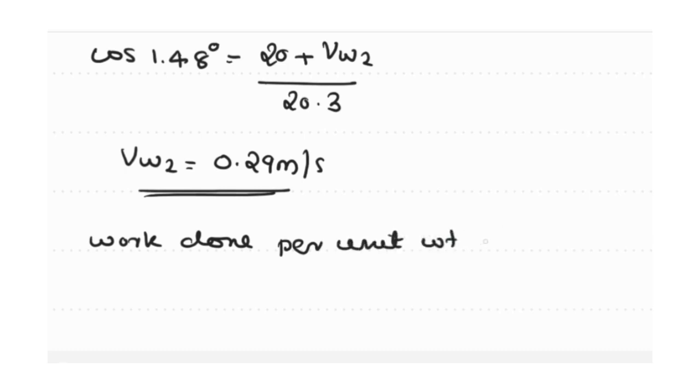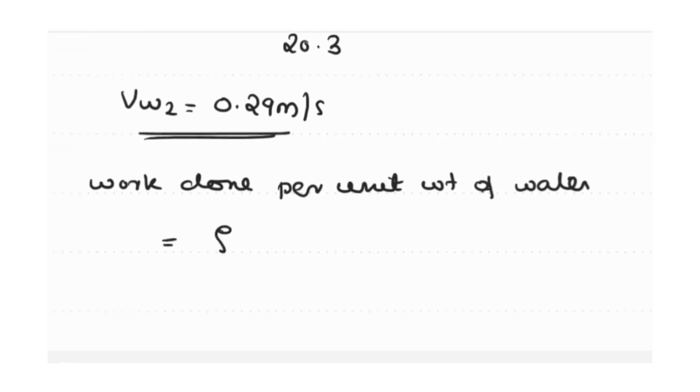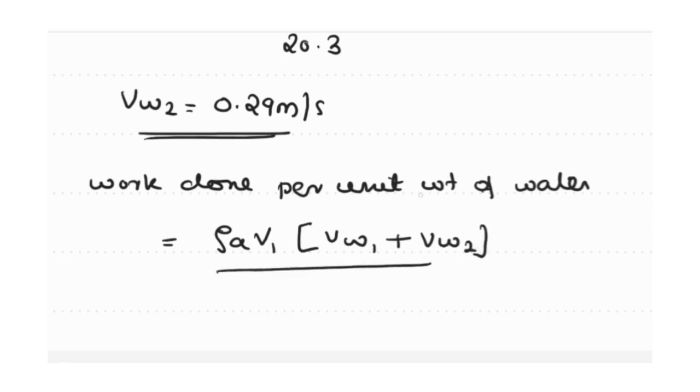Next let us go with the work done per unit weight of water. That is equal to rho A V1 into VW1 plus VW2, because alpha is acute, less than 90 degree, that is 60 degree, divided by, since we are calculating for unit weight, rho A V1 into g.